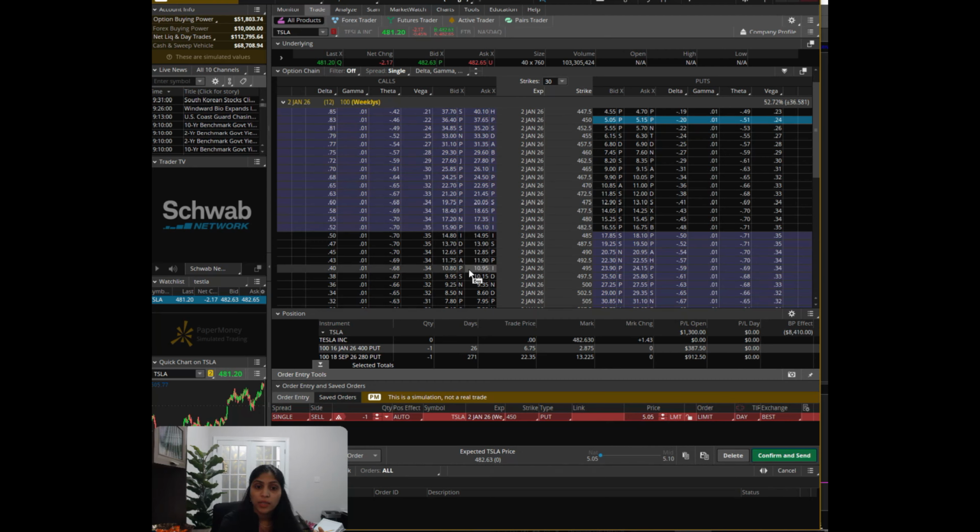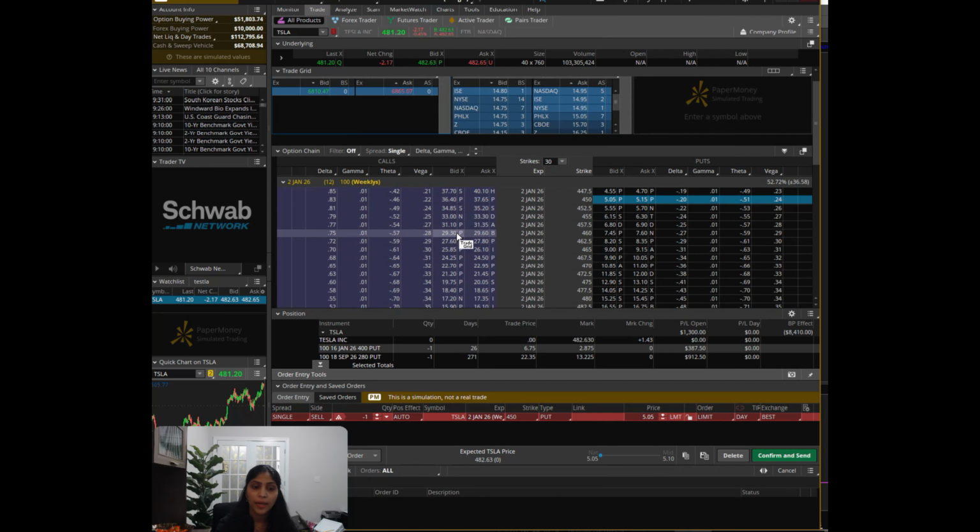So in that case, if you want to be aggressive, if you want more premium and you are okay with your shares getting called away, then you can go in the money, like 482 or 485. You are fine to sell your shares, because you got them only for 450. Then you can choose the strike price, and then you will get paid.